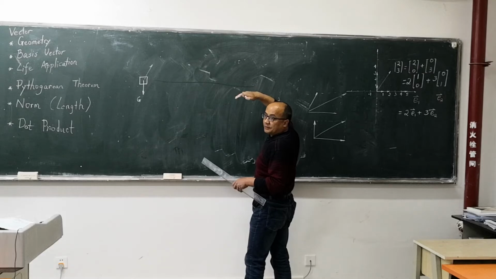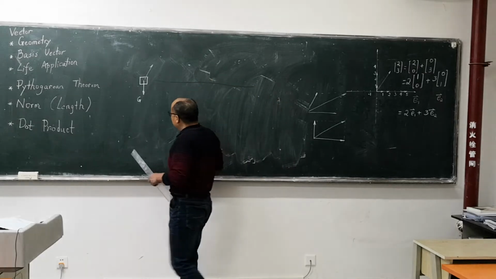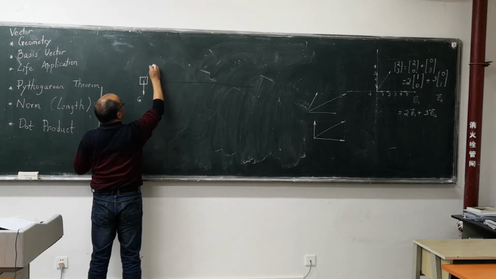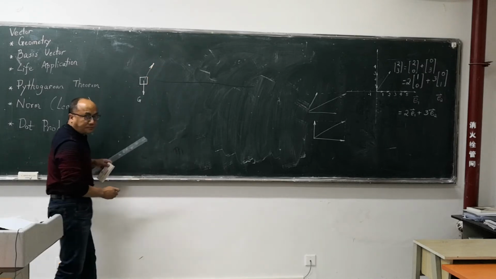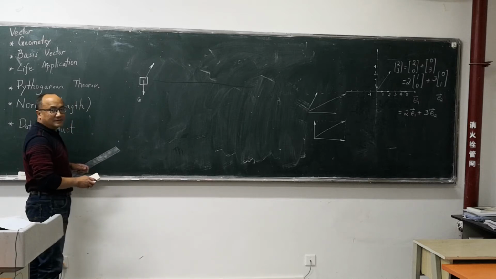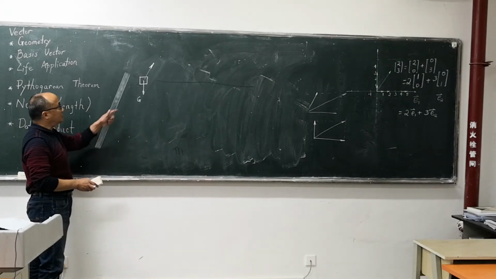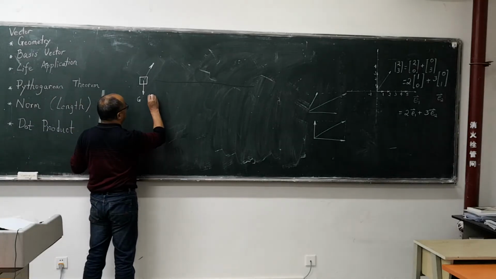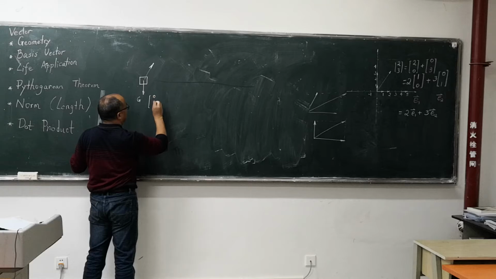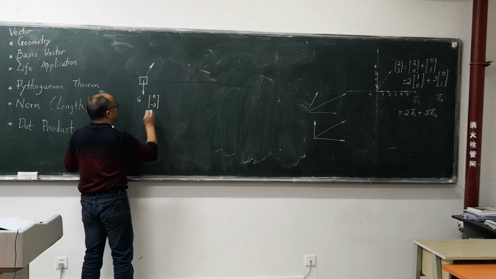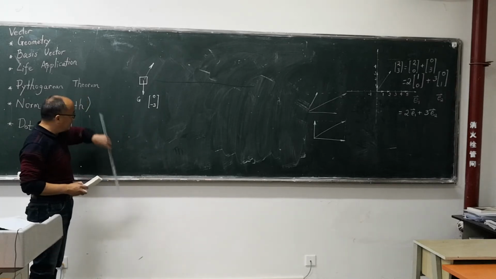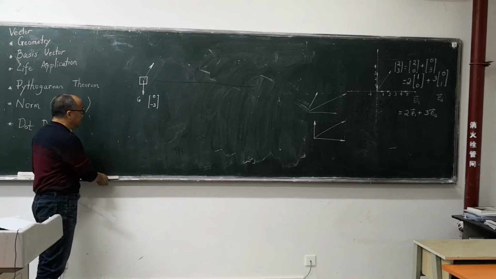I want you to tell me what the force, this vector, should be like. If this, let's say this is 0, minus 3. Minus means heading down.